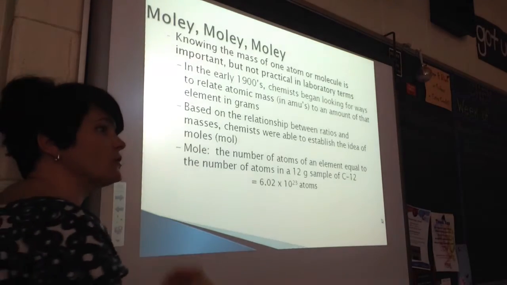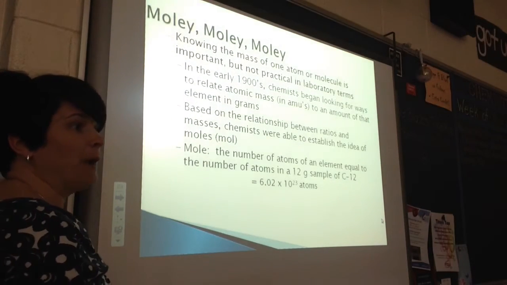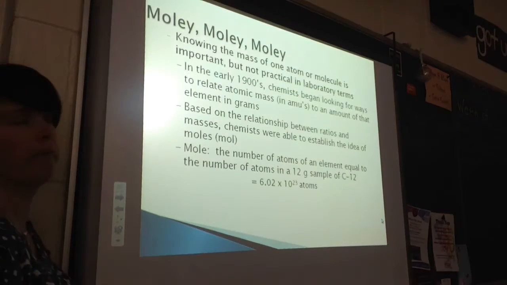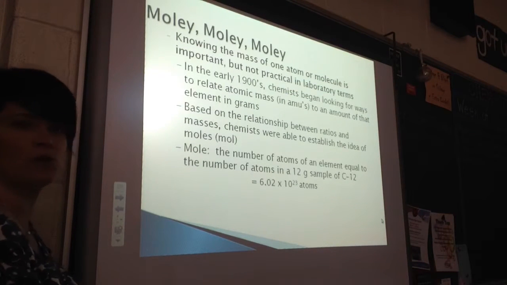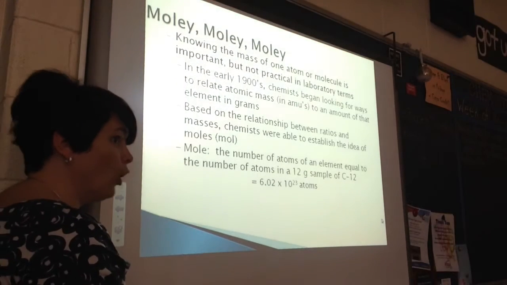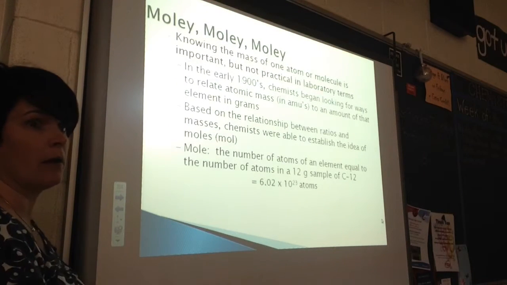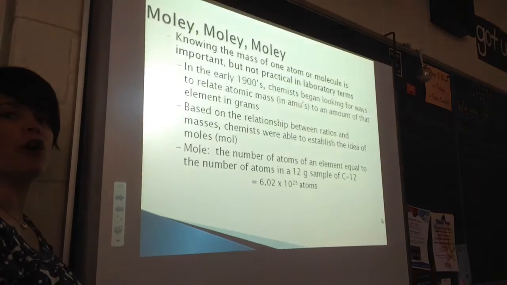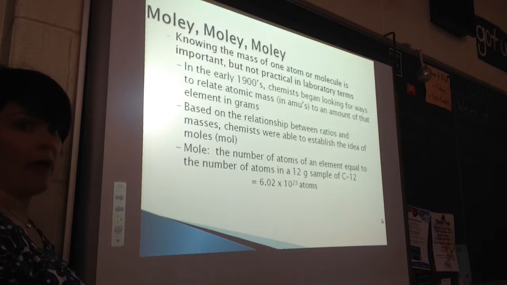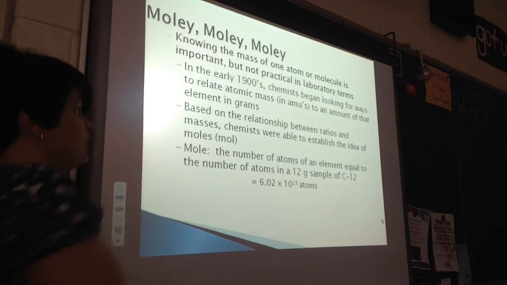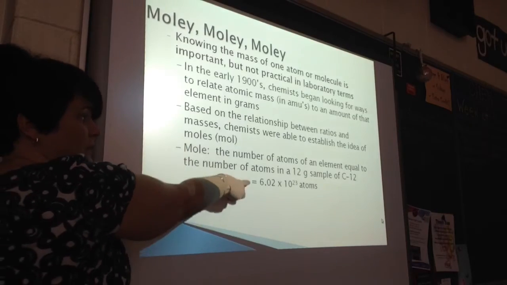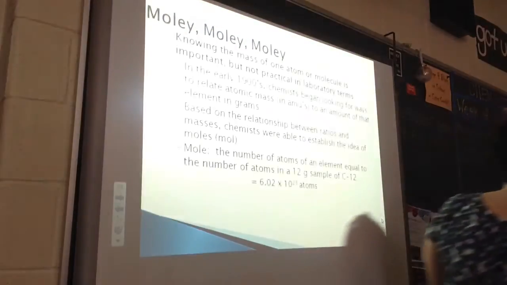If I sent you to the store to buy a pi of donuts, that's silly, but how many donuts would you bring back? 3.14. If I sent you to the store to buy a mole of donuts, how many would you bring back? 6.02 times 10 to the 23rd. So, mole equals 6.02 times 10 to the 23rd.